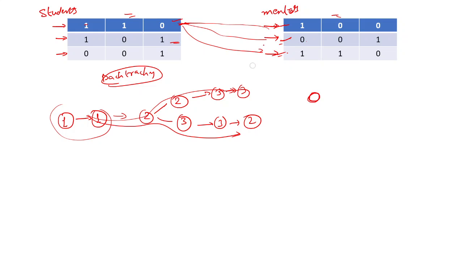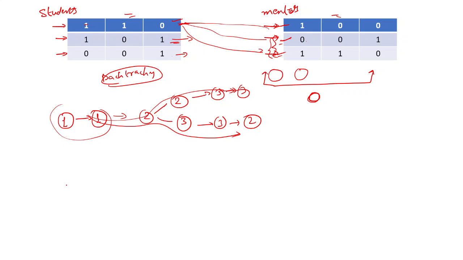After it has selected, the next student selects according to the mentors available, and then the third selects among the mentors available. Using those we get some value, then the mentor changes and we get another value, and out of all those values we have to check the maximum. So this is what we have to do basically.